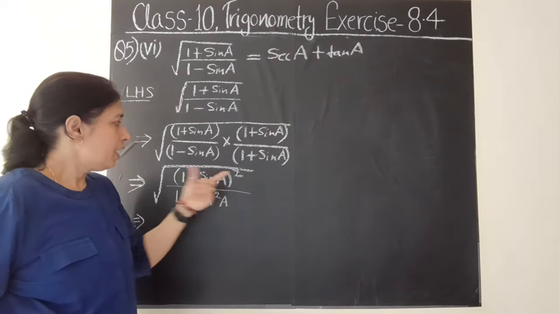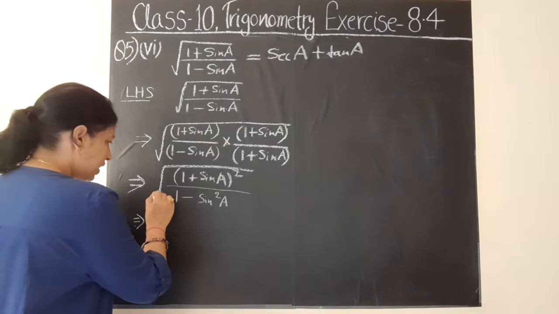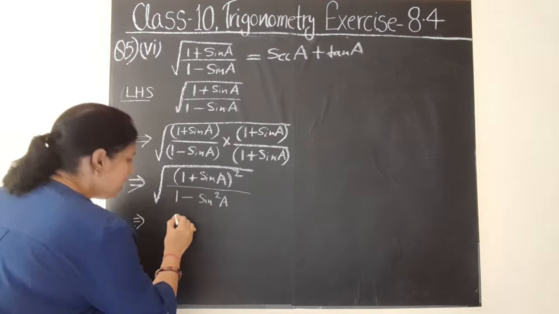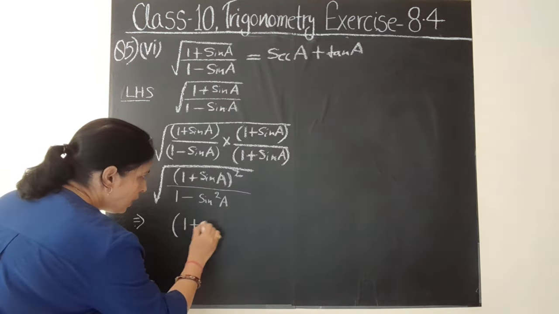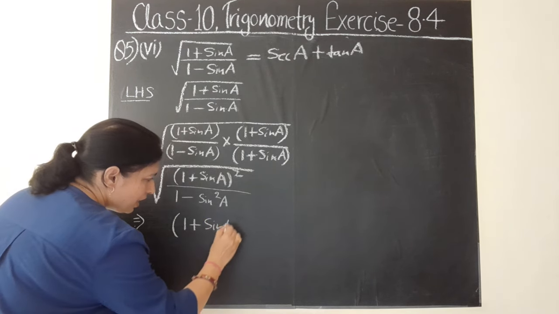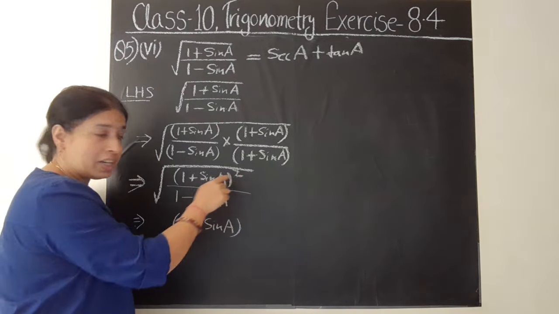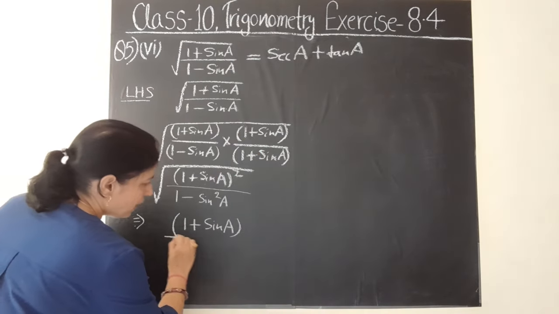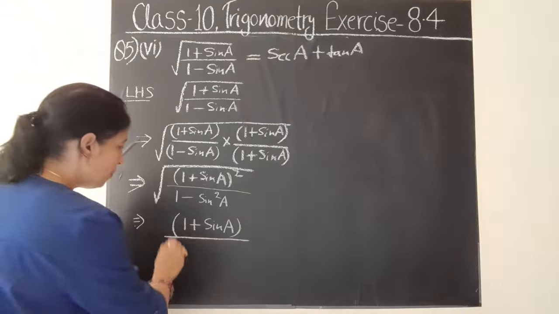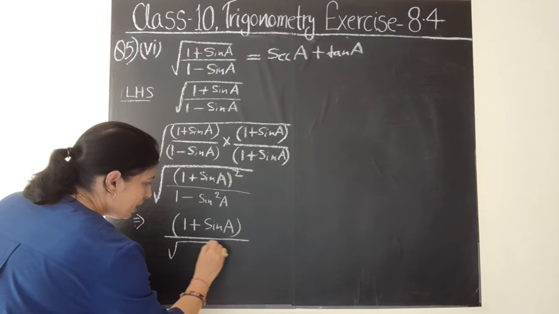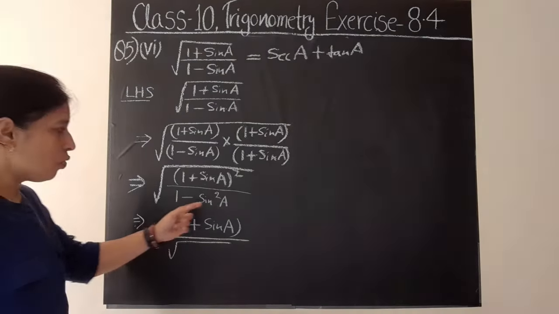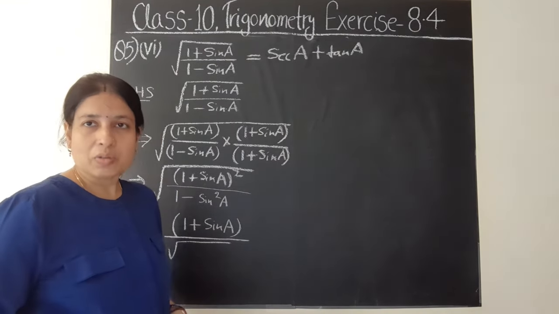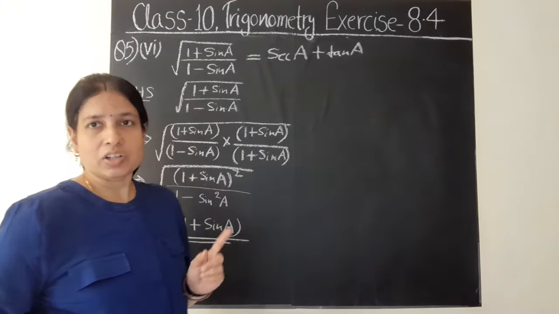Here it is given square and it is in square root, so you can write 1 plus sin A. The square root will go away because the square root of a square is the number itself. So you can write 1 plus sin A, but here in the square root, 1 minus sin square A is equal to cos square A, because sin square A plus cos square A is equal to 1.